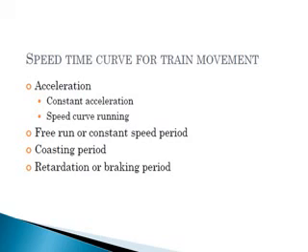Now, in the total traction system, the very important part is the speed time curve. Speed time curve is basically a graph which covers the total portion of a railway traction system. When a train is moving, we can see how it is going on.